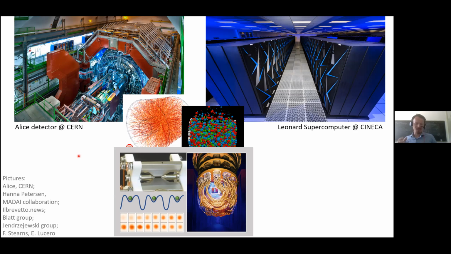There are other situations, like when the system is far from equilibrium, where classical computations are very hard, and there maybe we can get new insights using quantum computers. But of course, one should also state that the experiment is never going to be supplanted, because the experiment is the final arbiter of what nature does.